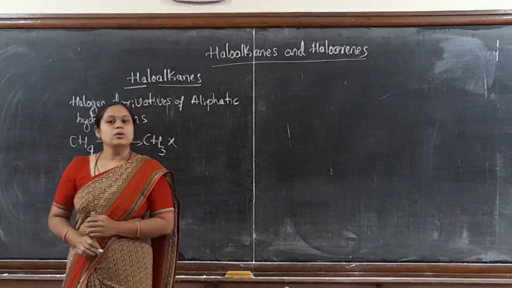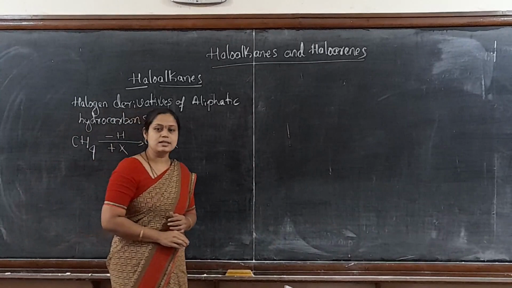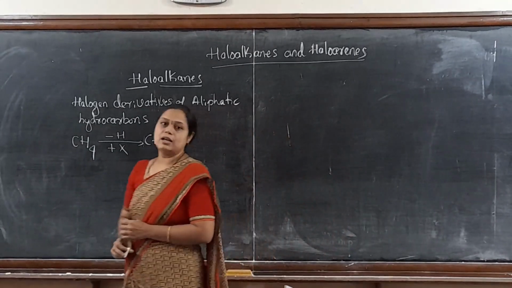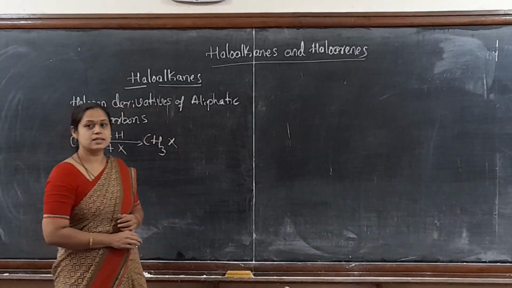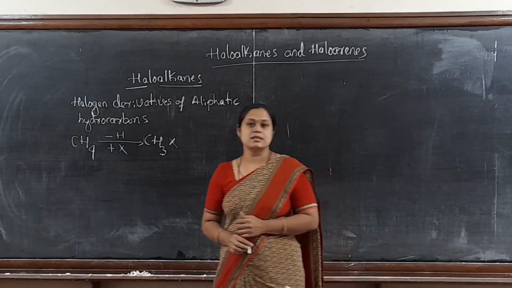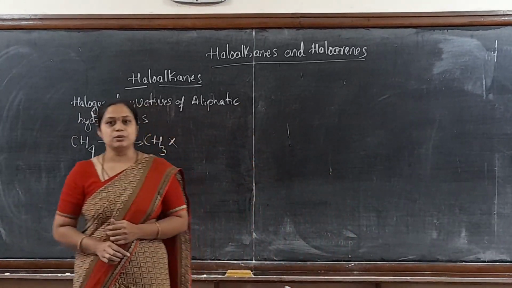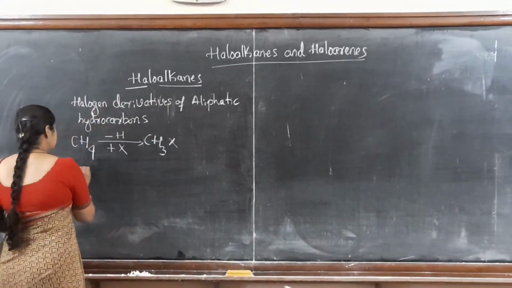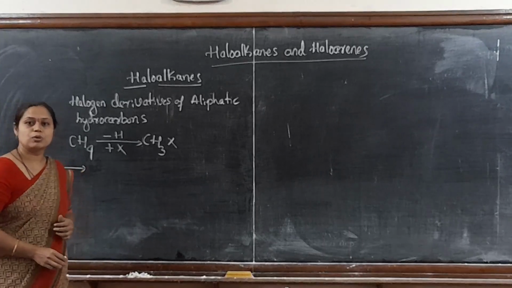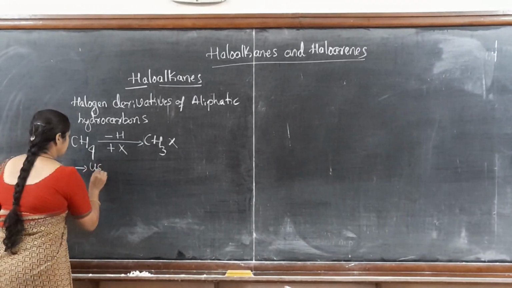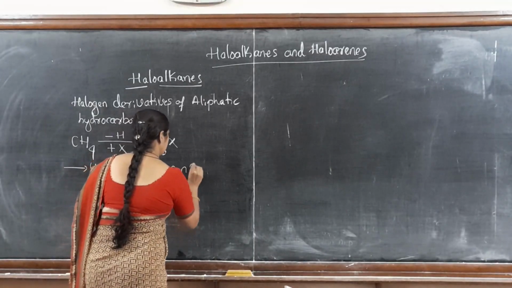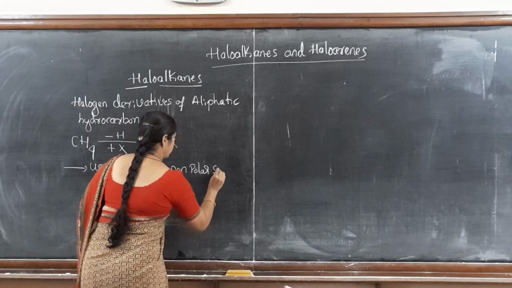Now we will see where all these haloalkanes and haloarenes are used. They have a wide range of applications in medicines, industries as well as in our day-to-day life. These derivatives are used to dissolve non-polar solvents.